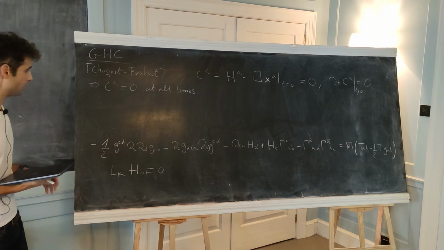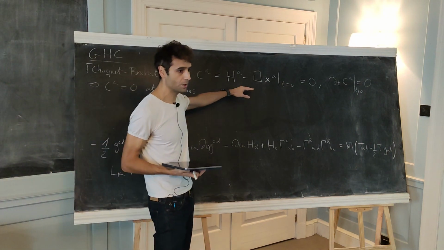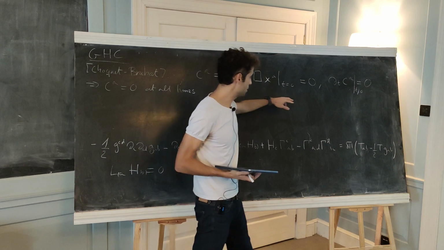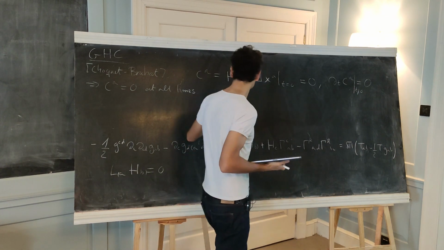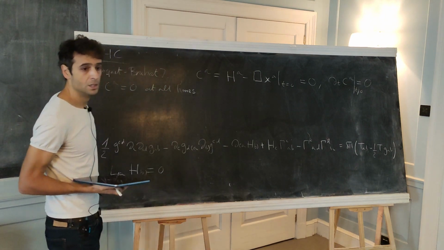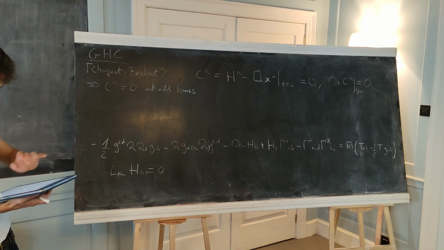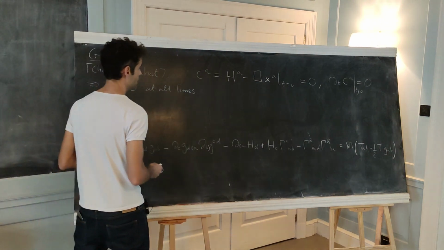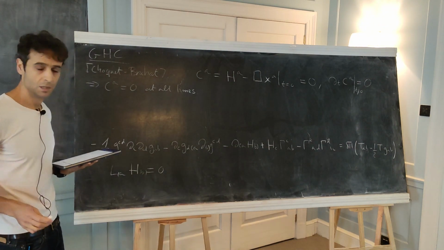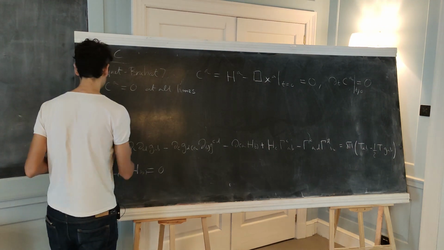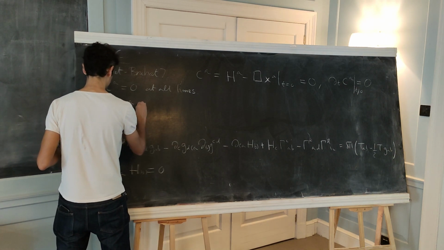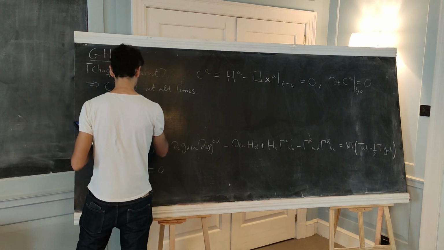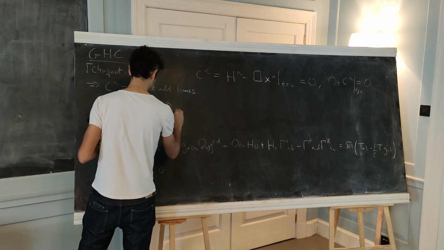Okay? So it means that if you make this choice of harmonic coordinates initially, and you ensure that this time derivative of this equation vanishes, then this is true at all times. And the reason why this happens is because using the Bianchi identities, you can show that the constraints satisfy a homogeneous wave equation of this form.